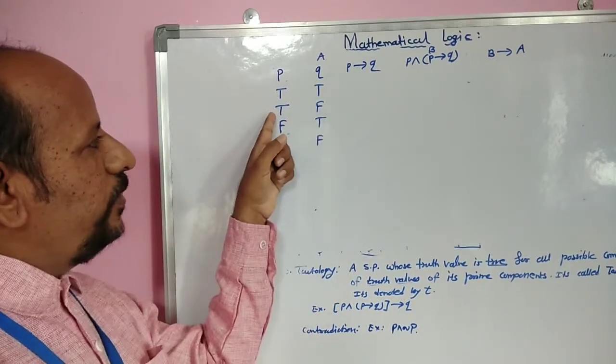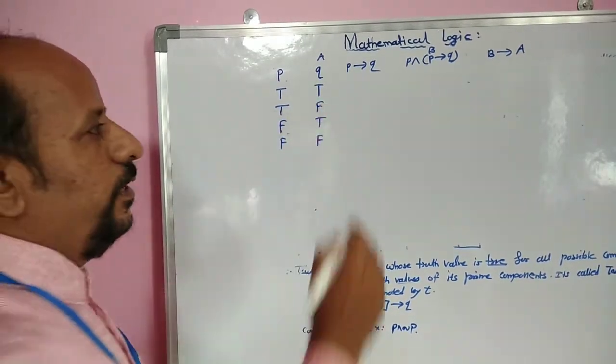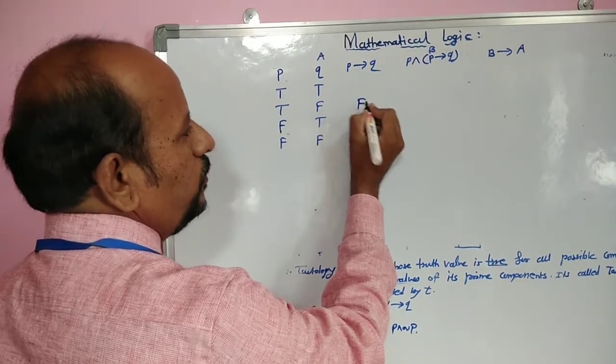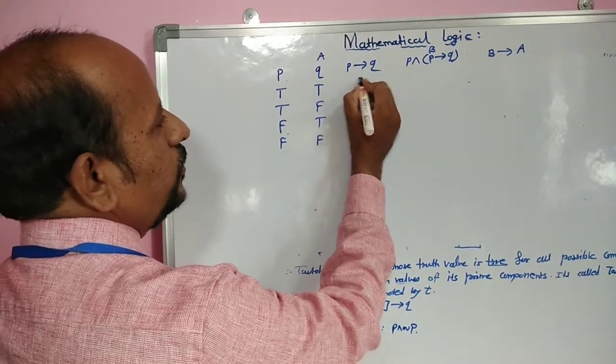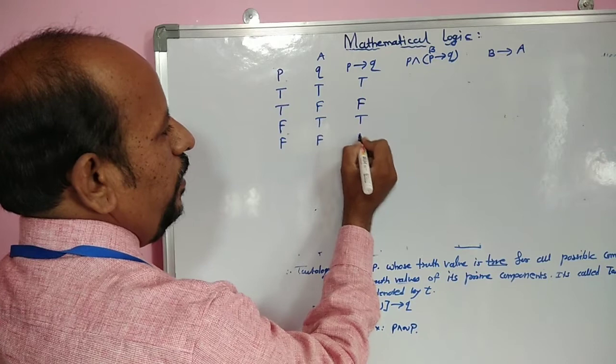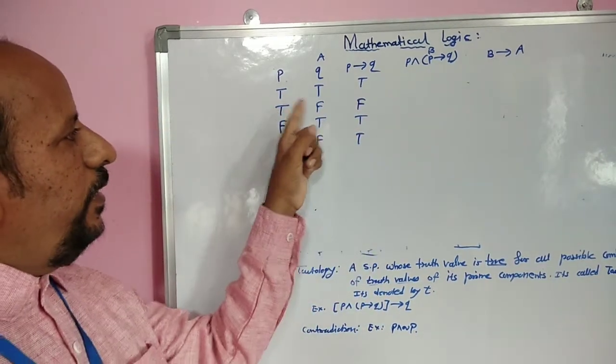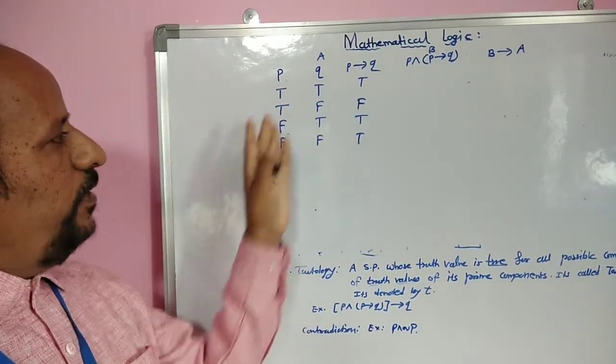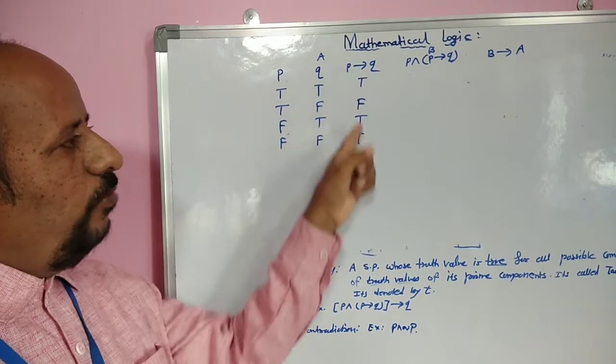If the first statement is true and the second is false, then the final statement is false. Otherwise, all the statements are true. First observe and write: T, F, F, and the others are not T, F. Therefore, all values are T.